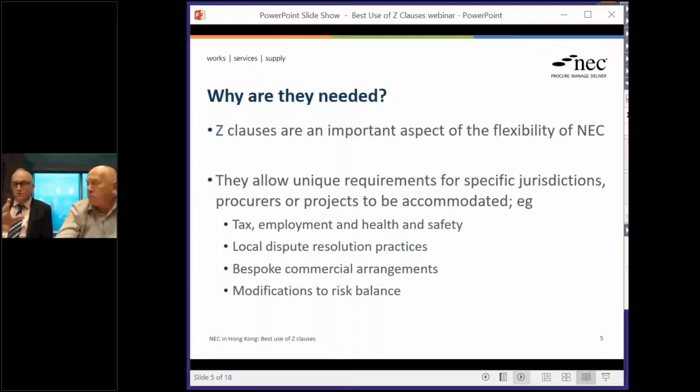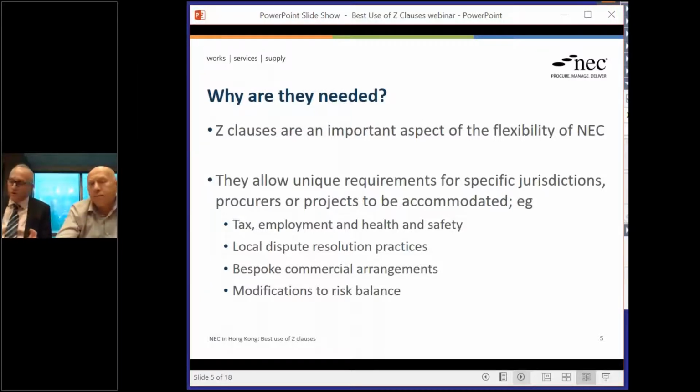And finally, I think one thing that is quite interesting on the subject of Z clauses is, if you're saying, well, why do people introduce them? If you actually look at what's been brought into NEC4 as additional features, quite a lot of the additions to NEC4 are things that were often provided through Z clauses.